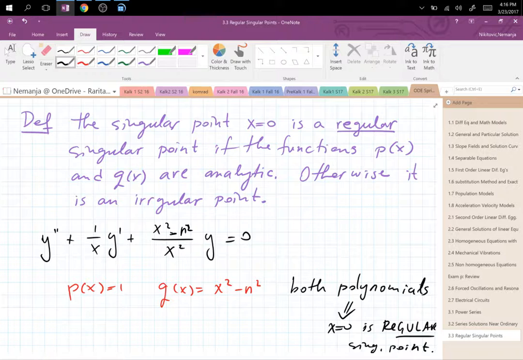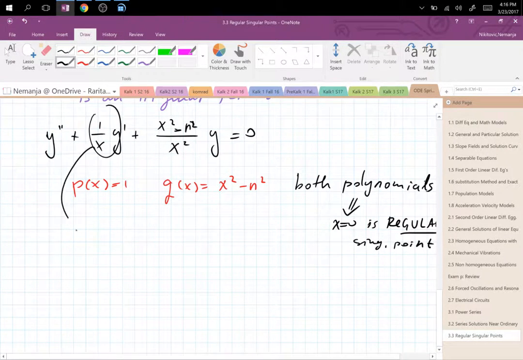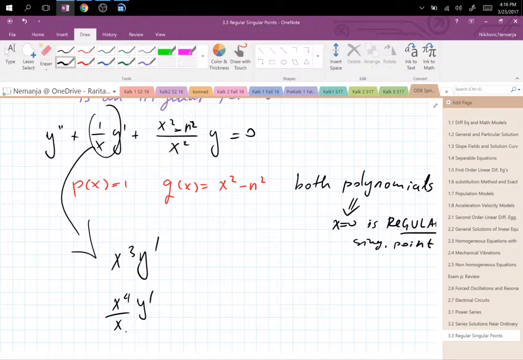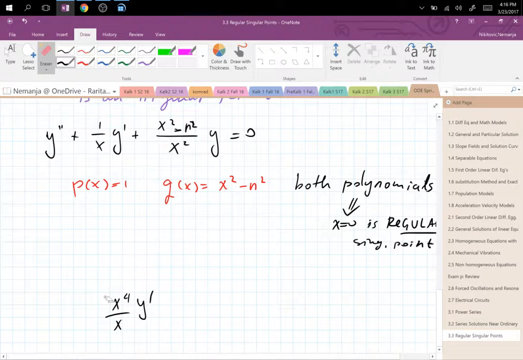That's how you can get fooled. So if this term here was, let's say, just x cubed y prime, you would have to rewrite it as x to the 4 y prime over x, right? So you have to be careful about those kind of things. And then you look at the whole problem.